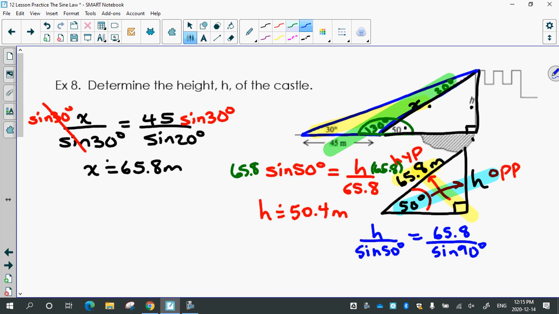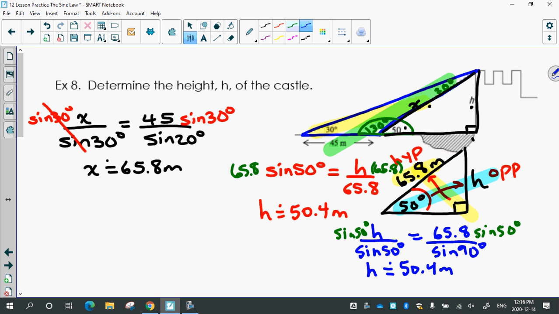Everybody try the sine of 90 in your calculator right now and tell me what number it gives you. 1. Because that's 1, you can still use the sine law, it doesn't change your calculation. So you can multiply both sides by sine 50. You're doing the exact same calculation, multiplying 65.8 by the sine of 50 and dividing by sine 90. And you're still going to get 50.4 meters.